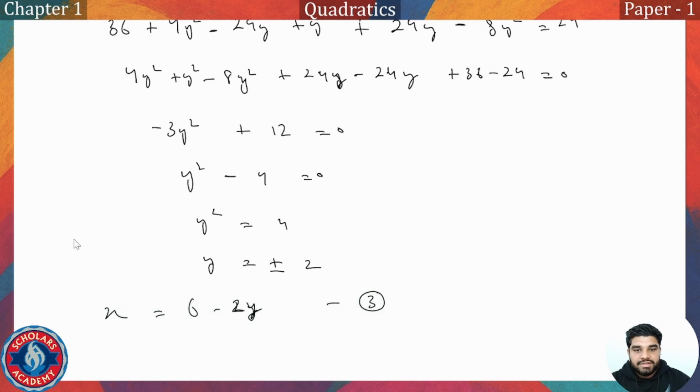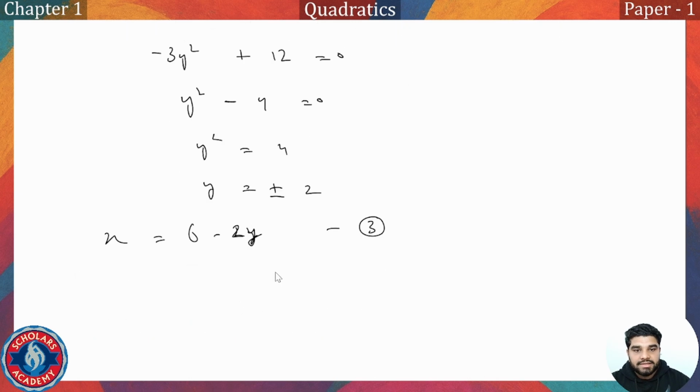So if we substitute these two values of y in this equation number 3, we get x is equal to, for y is equal to 2, we get x is equal to 6 minus 2 times 2, that is 6 minus of 4, that is 2.